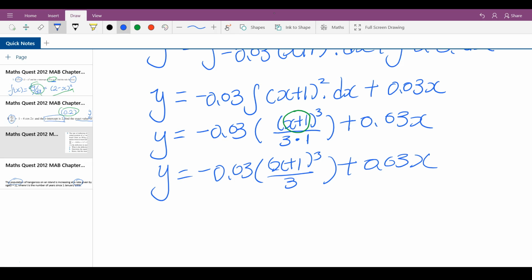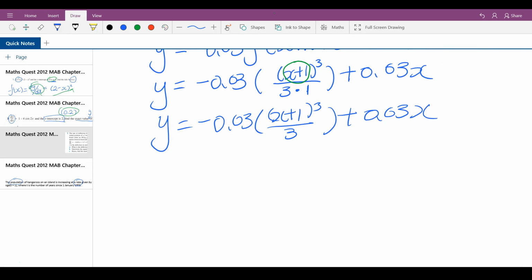Now at this point you can factorize it. If you factorize it, you take the common factor out, which is 0.03. So whatever is left inside the bracket would be negative x plus 1 cubed all over 3 plus this.